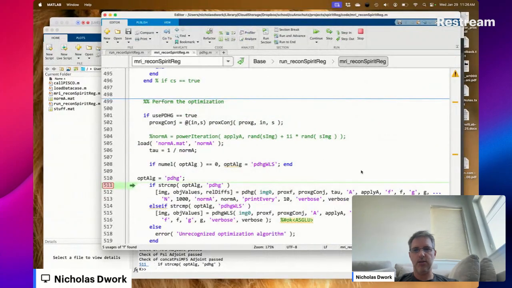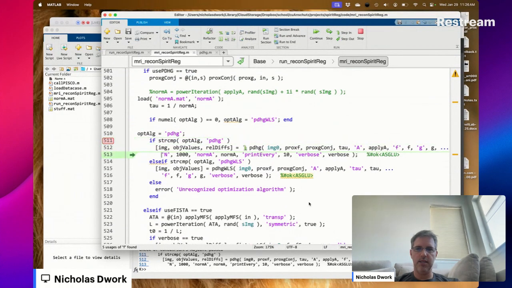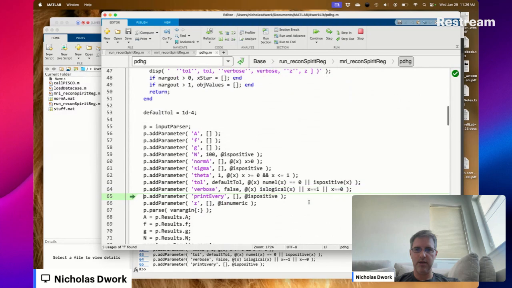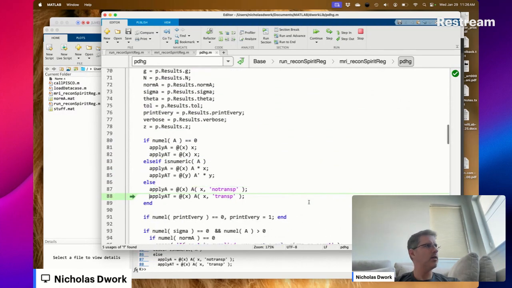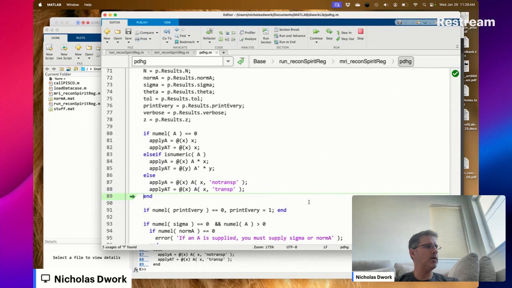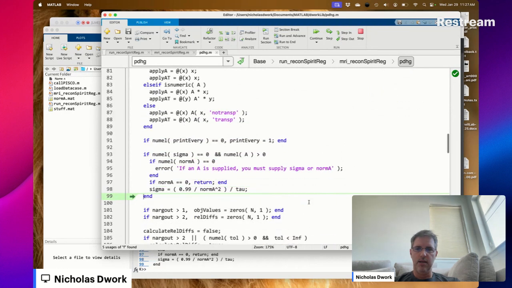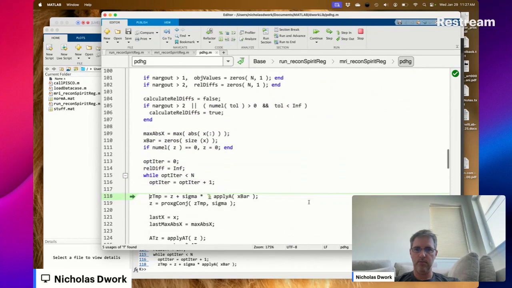You know, Fista, I can sort of pretend that I understand what's happening. But PDHG is just like a proximal operator with a conjugate proximal operator. Proximal operator to the conjugate. No, sorry, conjugate proximal operator. Conjugate proximal operator? Proximal operator to the conjugate. That is difficult to wrap my head around.